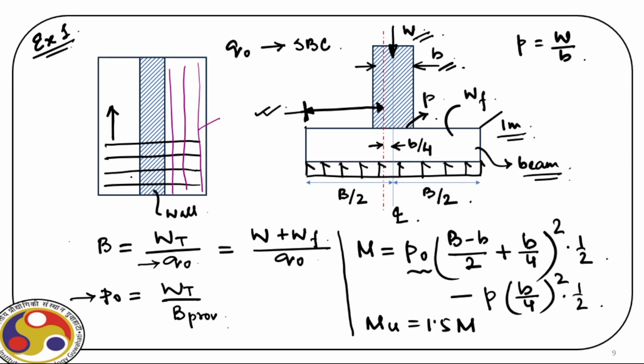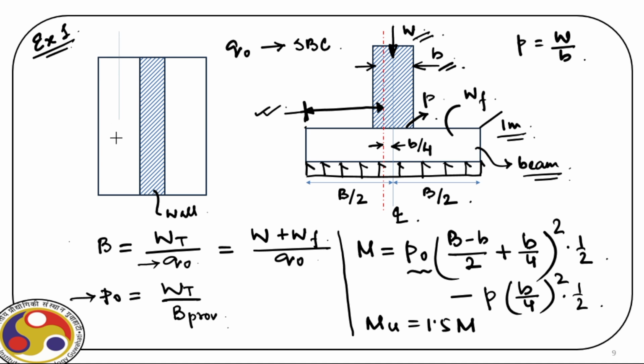We have to check for one-way shear. So one-way shear at a distance d from the face. So this is the wall and foundation arrangement. So this is the critical section at a distance d. So at a distance d, now we have evaluated d.